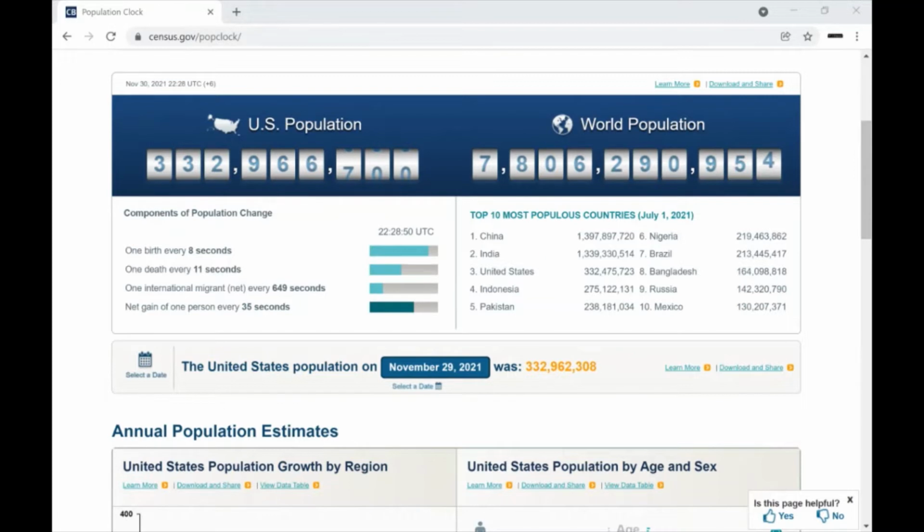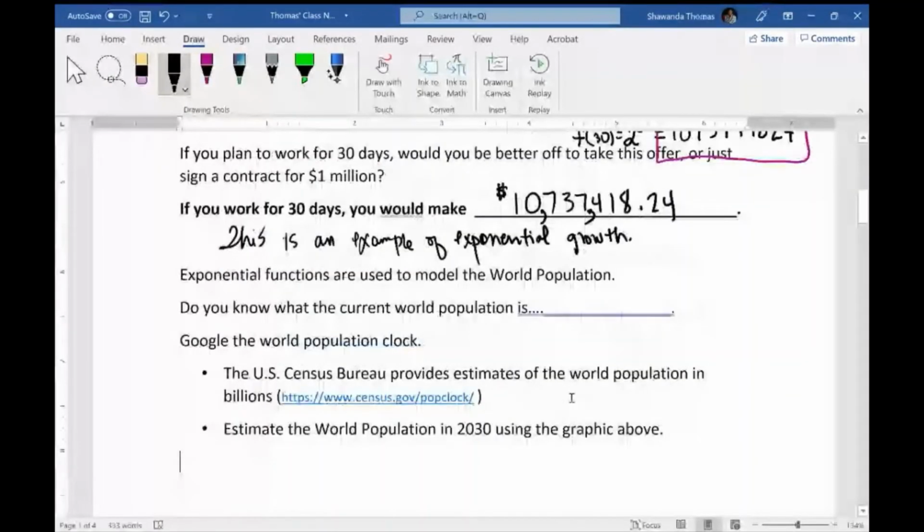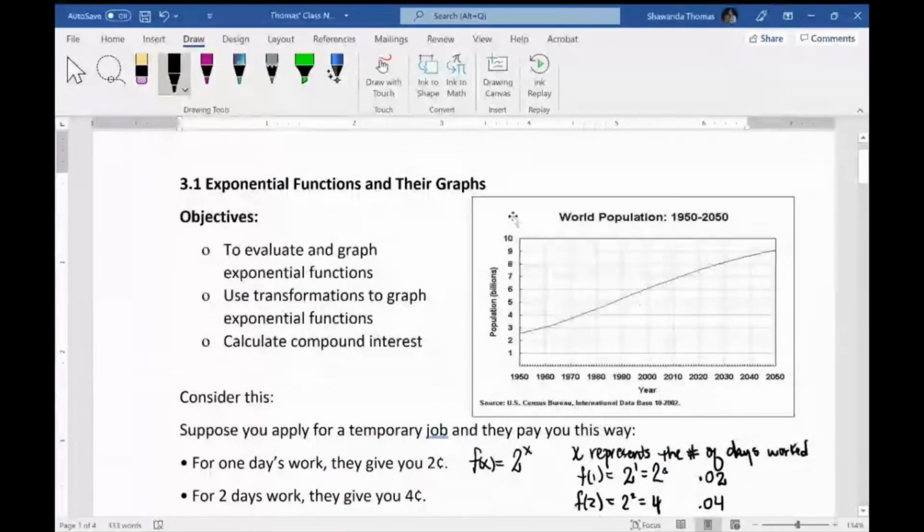Any questions so far? All right. Estimate the world population in 2030 using the graphic above. So let's take this old graphic that I've used for about 10 years in my class, but it looks like it's on schedule because 2020 is right here, between 7 and 8 billion.